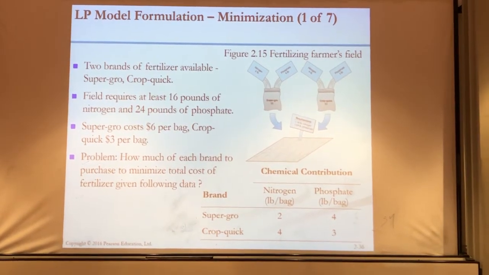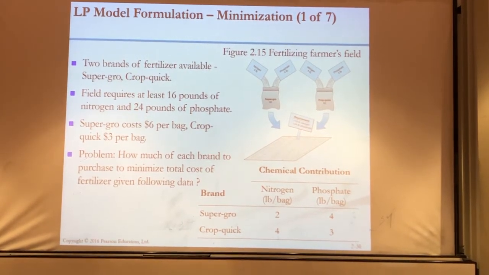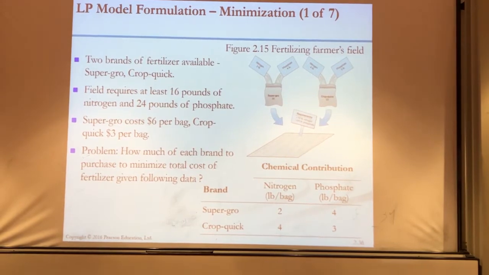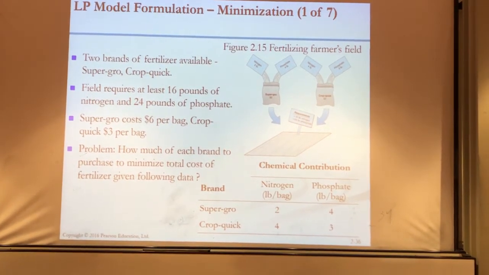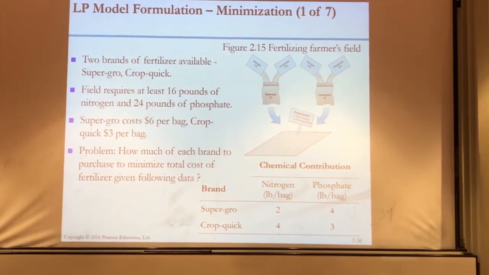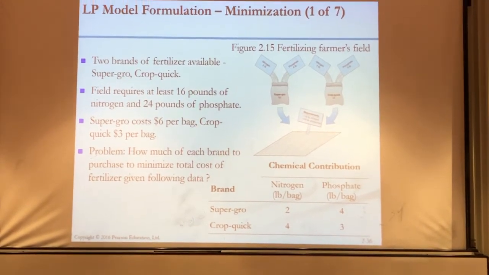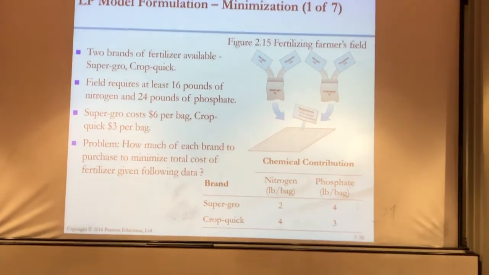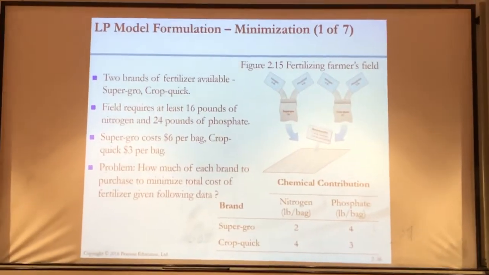And this is the chemical composition given in this table. Super Grow has nitrogen 2 pounds per bag, and Crop Quick has 4 pounds per bag, and phosphate has 4 pounds per bag and 3 pounds per bag, Crop Quick. The problem is how much of each brand to purchase to minimize the total cost of fertilizer given the following data.